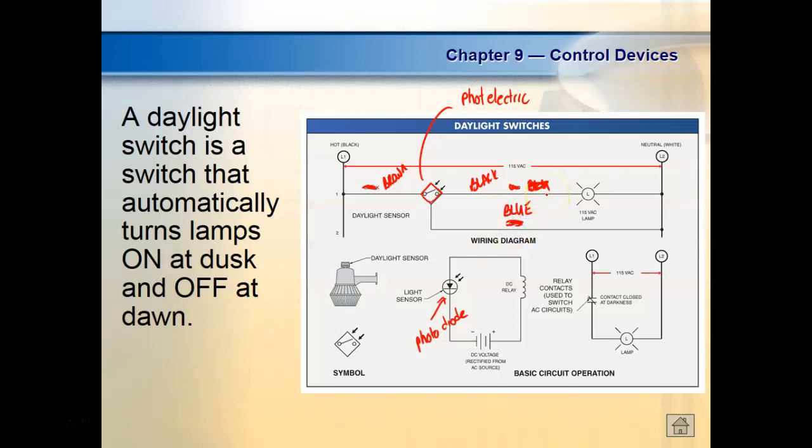So this is a standard color code that we use now for these 3-wire sensors. The brown points toward L1. This guy has to be powered up to work. Where he came up with this color code, I don't remember that color code at all, but this is the one that we use now.